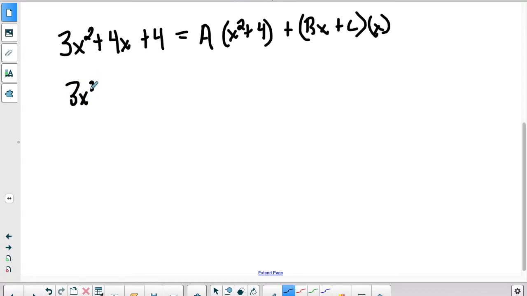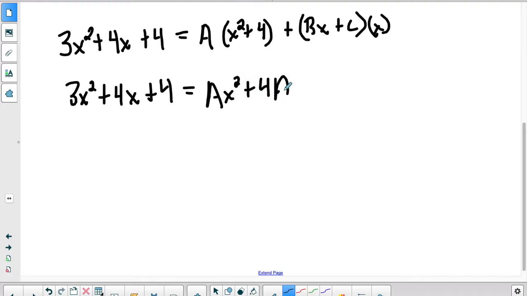So it's not going to affect the left side, our 3x squared plus 4x plus 4. This is going to stay the same. Now over here we're going to have A times x squared, which gives us Ax squared plus 4A. Plus, then we're going to multiply through by x, so we get Bx squared plus Cx. And we have this here.